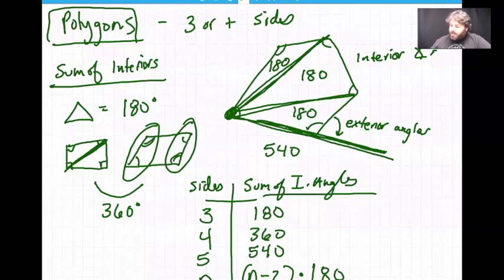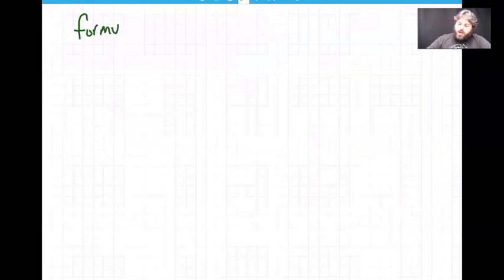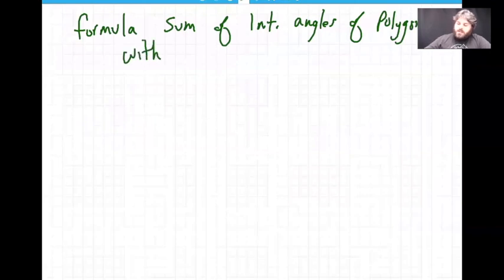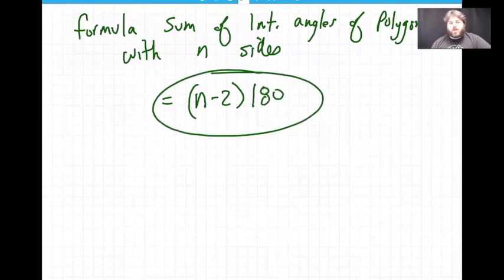That is the formula, basically, n minus 2 times 180, for the sum of the interior angles of a polygon with n sides. Okay, so if it has n sides, then the sum equals n minus 2 times 180. That's going to be the total interior angle sum of any polygon with n sides.